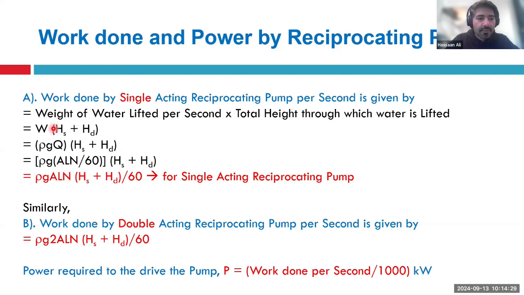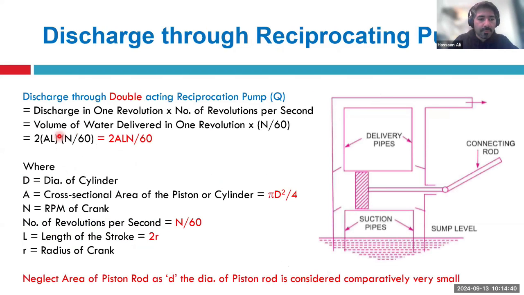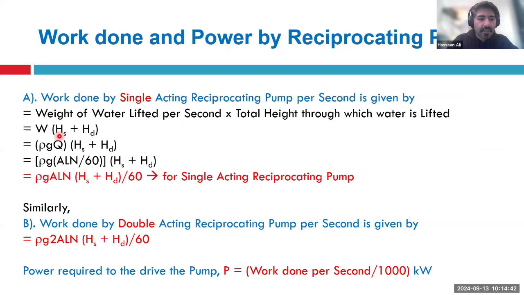The weight of water lifted is essentially rho g Q, where rho is the density of water, g is gravity, multiplied by your flow rate. You have already calculated the flow rate in your previous formula. You just plug in the value of the flow rate over here, which is ALN divided by 60, divided by 60 because you calculated it per second, multiplied by your suction height plus your discharge height.